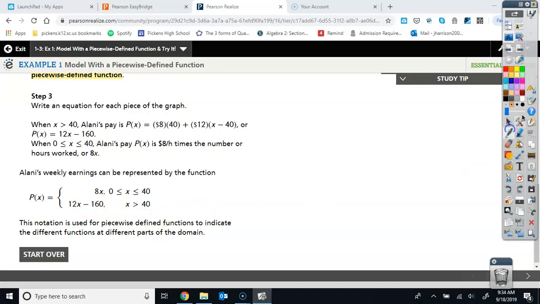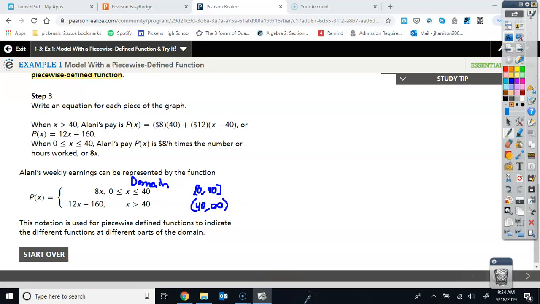Notice right here, the key thing with a piecewise function is that over here we have the domain. Yes, that could also be written in the interval notation we talked about, from 0 to 40, and then everything 40 and above.